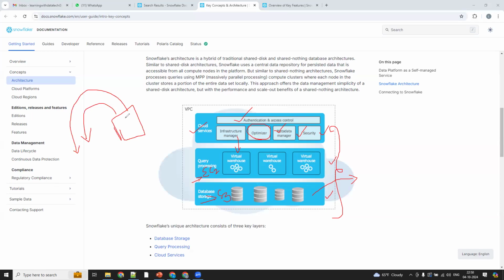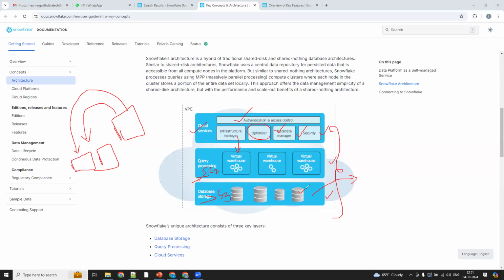When you do select star from some table, it will actually query the data from these files, but you will not be able to see these files. Snowflake follows the same way. They have a special concept called micro partitions in the backend. Your data will sit in those micro partitions. So when you do select star from some table, it will fetch that data from the micro partitions. That is not your headache. They will take care of that. That is what you're paying them for, right?